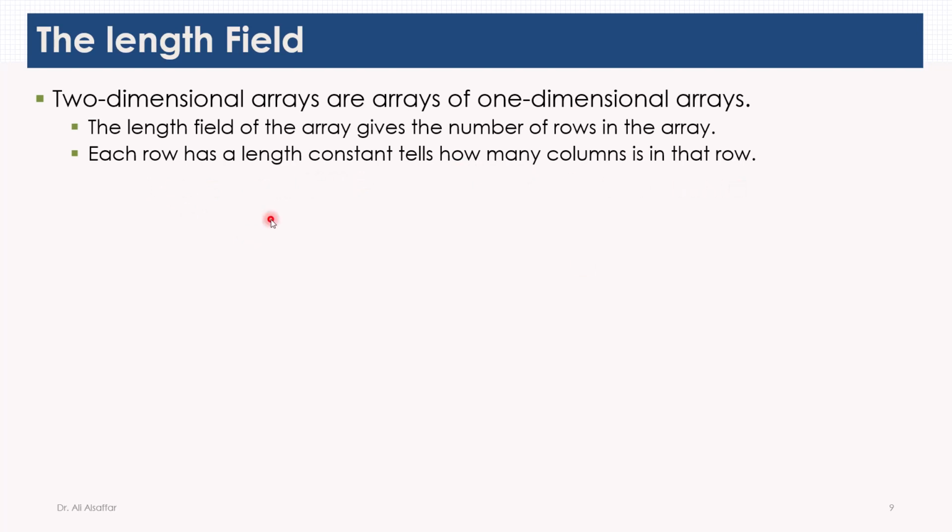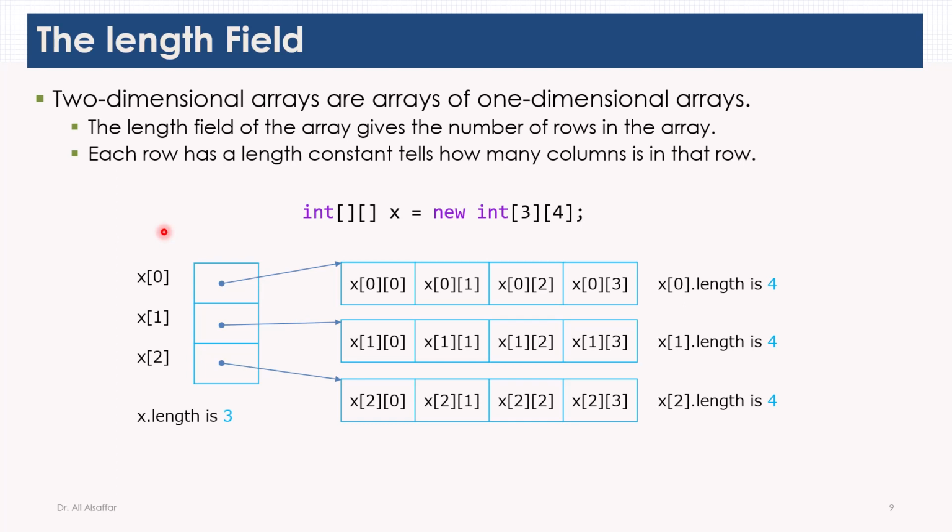To illustrate graphically how two-dimensional arrays are arrays of one-dimensional arrays, consider the following example. In this example, we have a two-dimensional array of integers. The number of rows is 3 and the number of columns is equal to 4. To illustrate how to find the number of rows, 3, and the number of columns, 4, using the instance variable length, consider the following illustration.